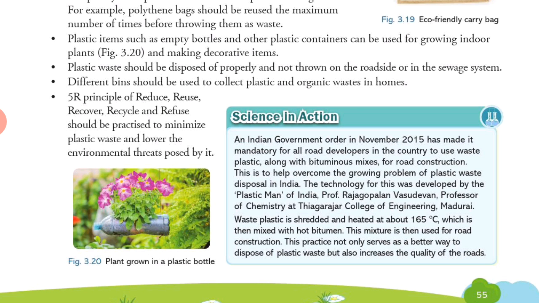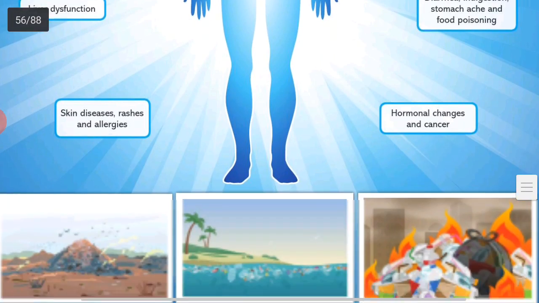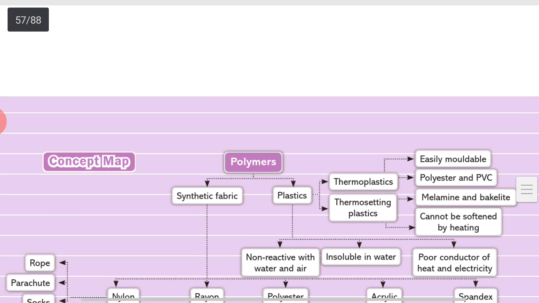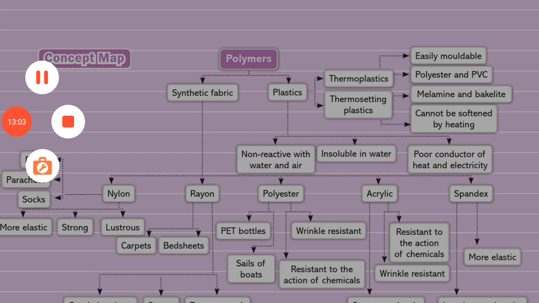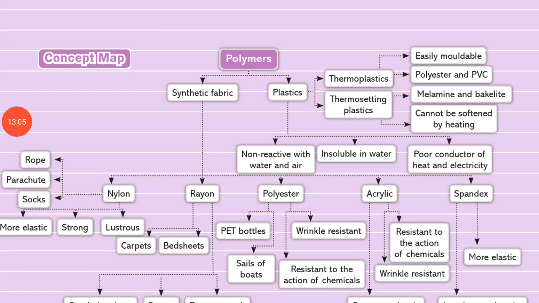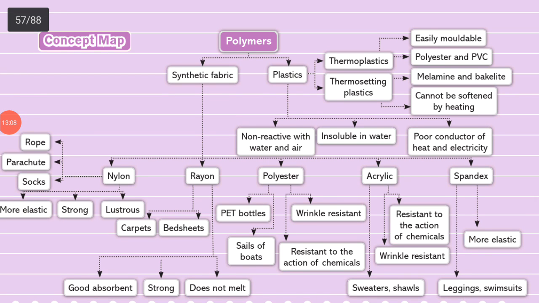Plants grown in plastic bottles, you can see in figure 3.20. Now the concept mapping. We have started from polymers.